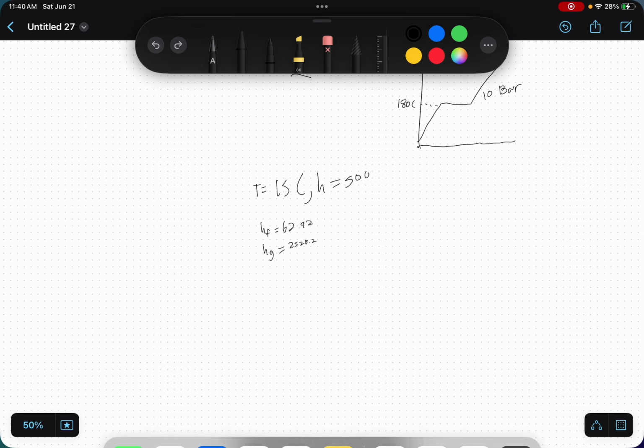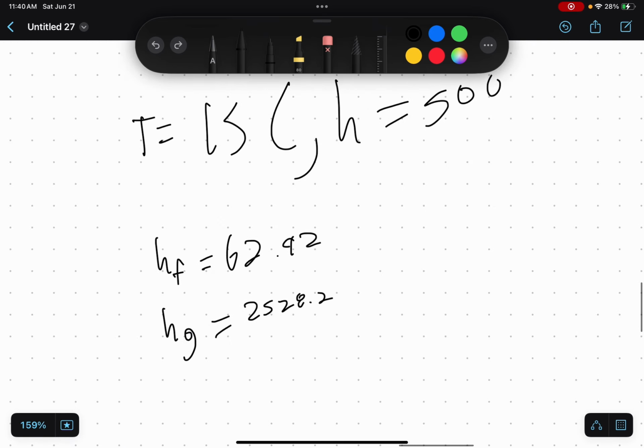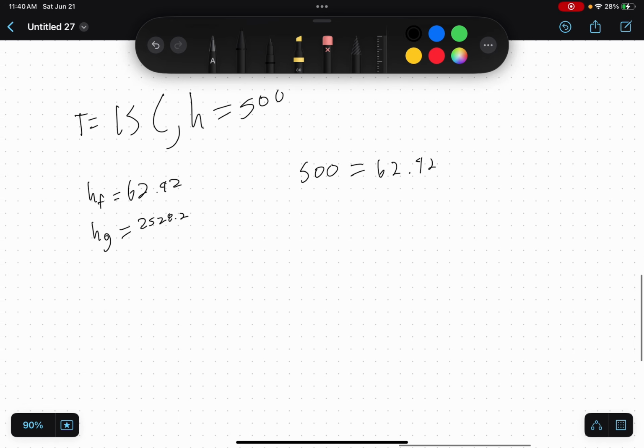So if our H is 500, what quality are we at? So 500 equals 62.92. So I'm just making the equation of a line. And it starts at, so x-axis would be quality.